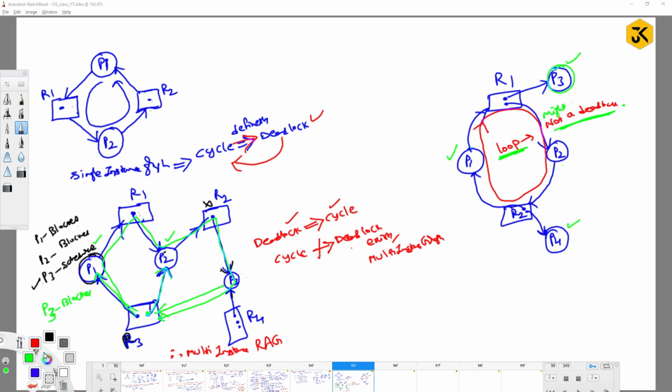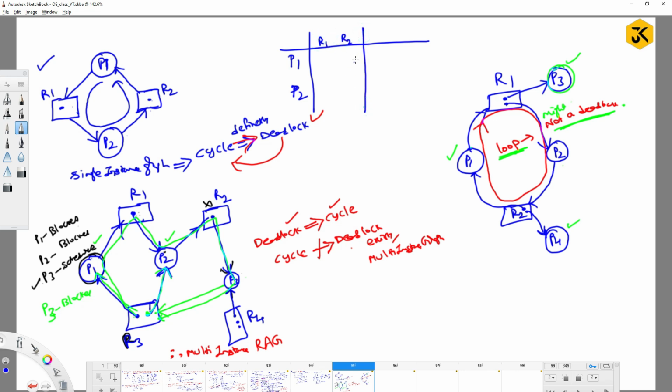Okay, fine. So the same thing I can represent in the form of a tabular representation, guys. Not only in the form of graphical representation, I can go with the tabular representation like this. So we have two processes, P1 and P2. I am trying to draw the tabular representation for the single instance graph. P1, P2 are there, and these processes are using R1, R2.